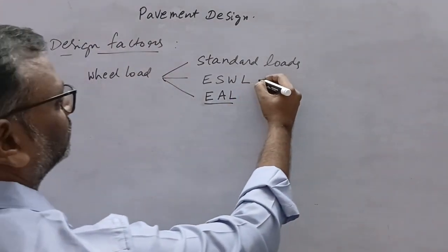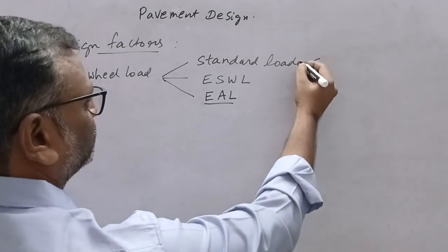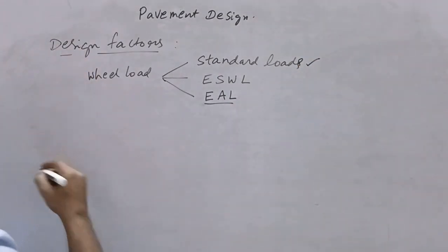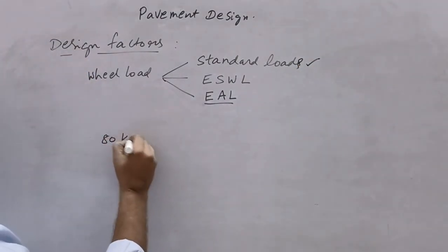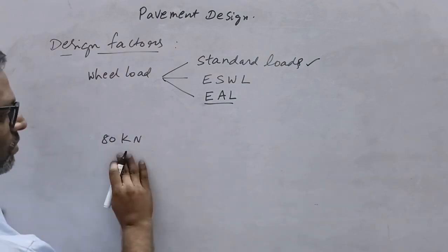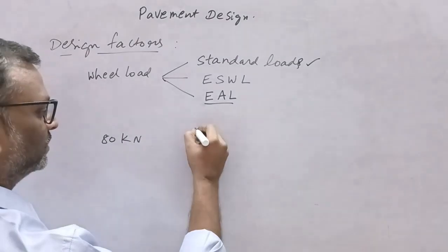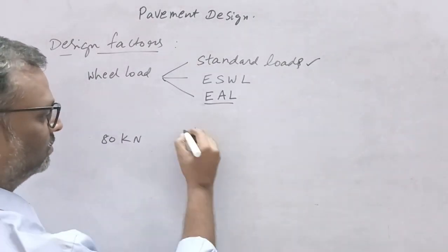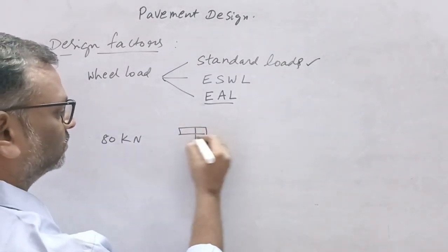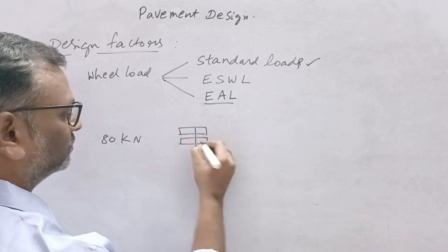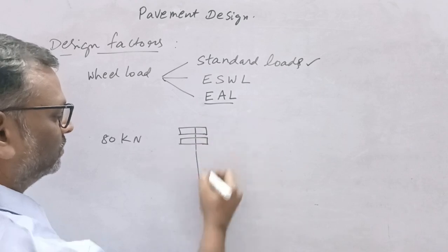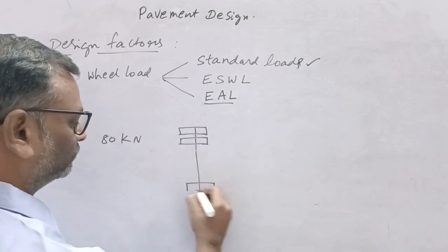So first we see the equivalent standard loads. 80 kilonewton is the standard load for a single axle with dual wheels on either side. So we have two wheels here and two wheels here.